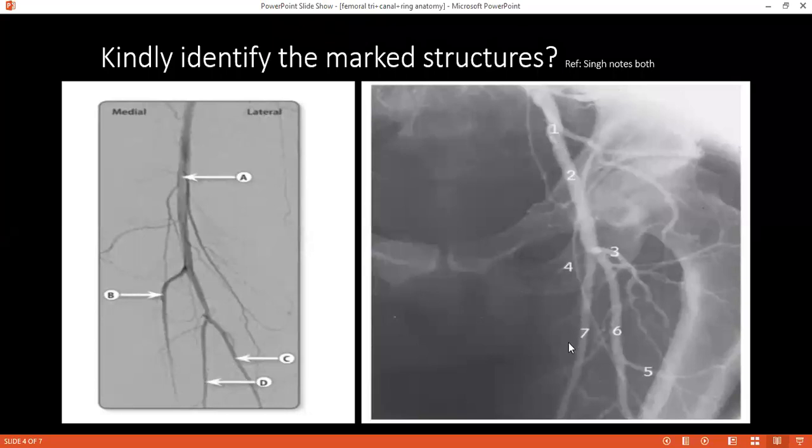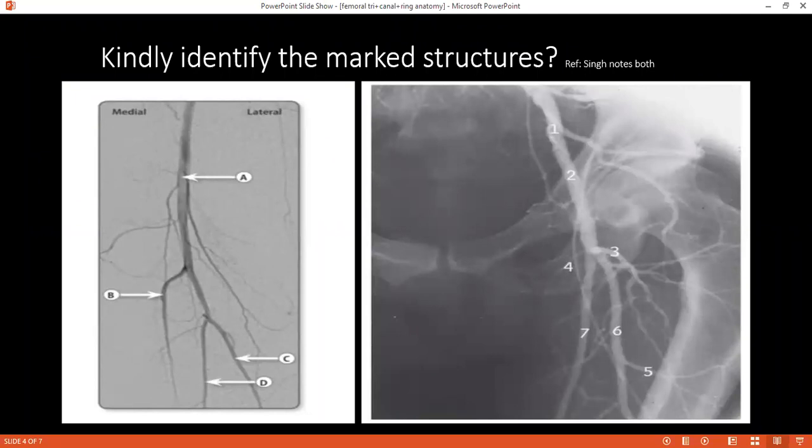One is the external iliac artery, 2 is the common femoral, 3 is the lateral circumflex, 4 is medial, 6 is profunda femoris, 7 is superficial femoral artery. Okay. And what are the branches of the common femoral artery? Common femoral artery has mainly 2 branches, the superficial femoral artery and the profunda femoris.